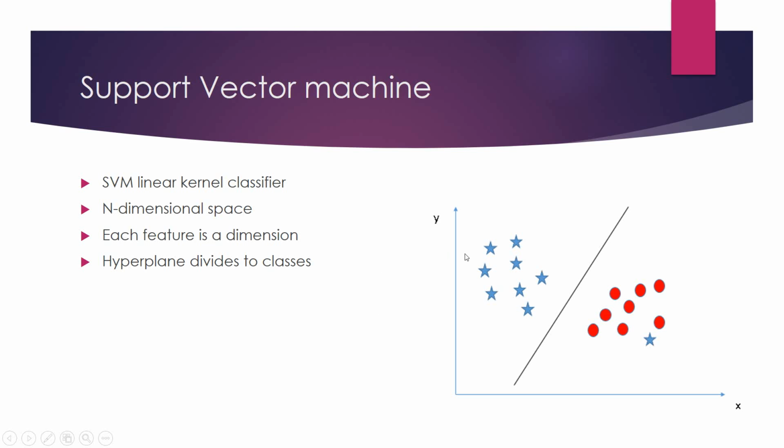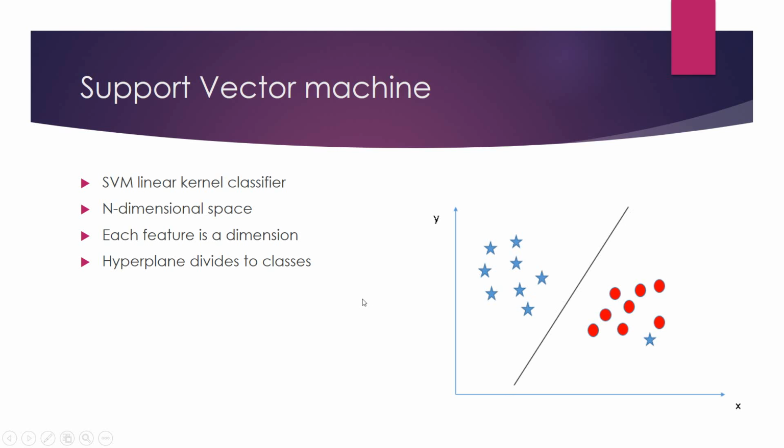So support vector machines handle the outliers very well. The hyperplane is decided based on the margin, the distance from the plane to the nearest point on one side is calculated as the margin.